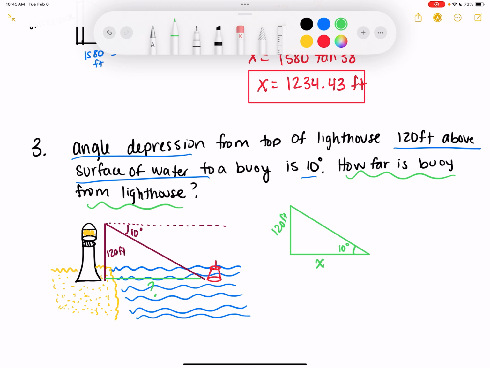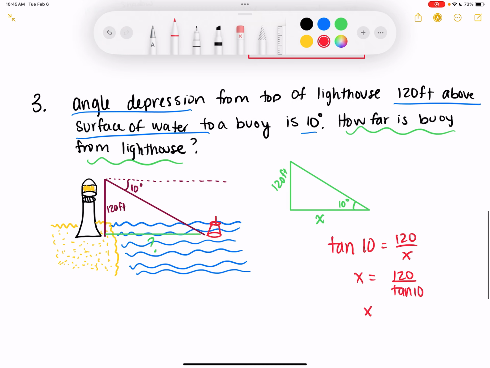So tangent of 10 equals 120 over x. Yep, just swap it. So x equals 120 over the tangent of 10. That's a big number. Well, I've seen bigger. It's still a big number. 680.55 feet.